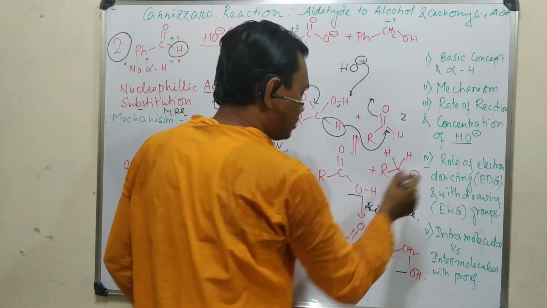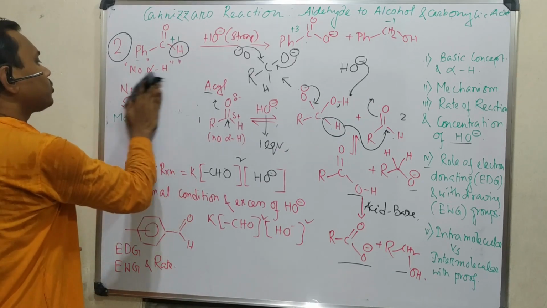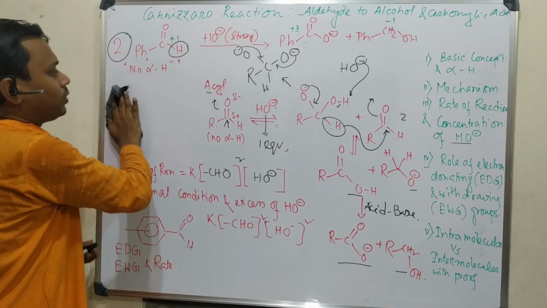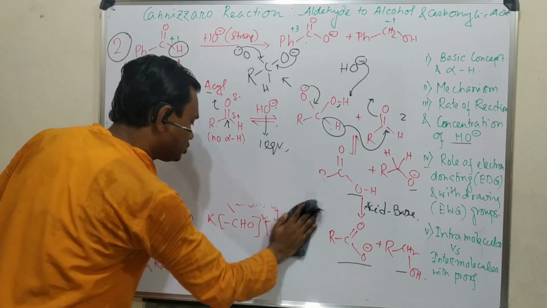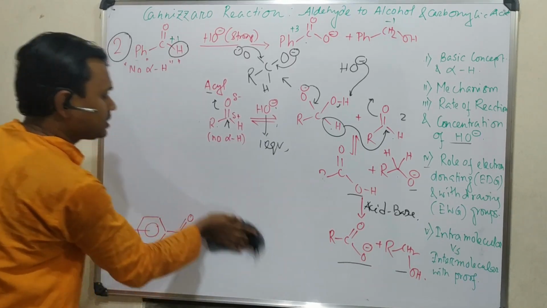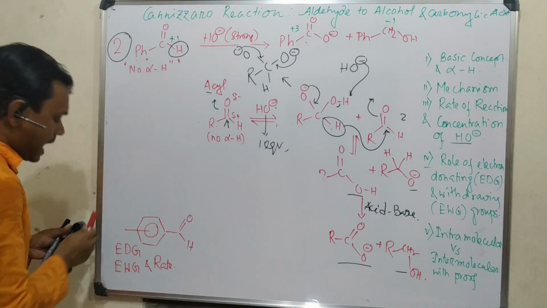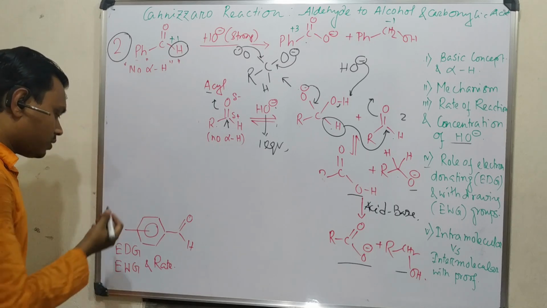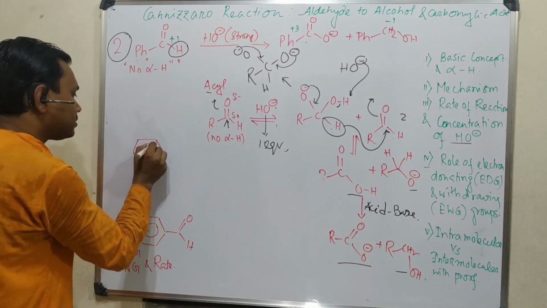Okay. Now we will discuss the role of electron withdrawing and donating groups. So how is an electron withdrawing group and donating group affecting this reaction? Take this example, benzaldehyde, which is aromatic, so it could be one example. We can consider the para position.